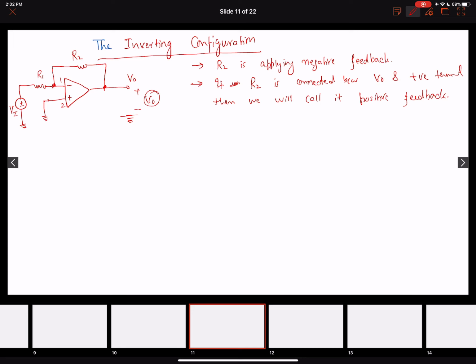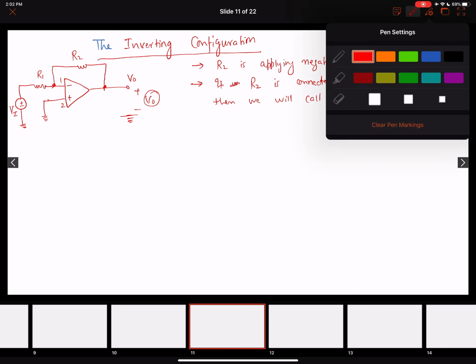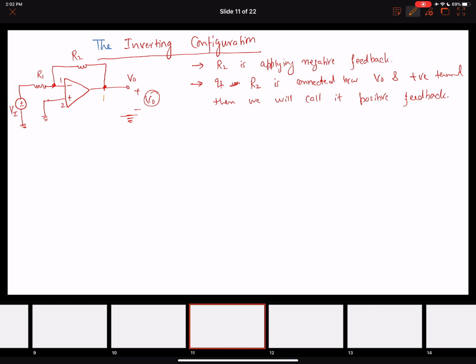If we would have another resistor in between V naught and the positive terminal, something like that, then this would be known as a positive feedback. All right. Okay. So for this lecture, we are interested in the inverting configuration, or a negative feedback. R2 is also closing the loop.